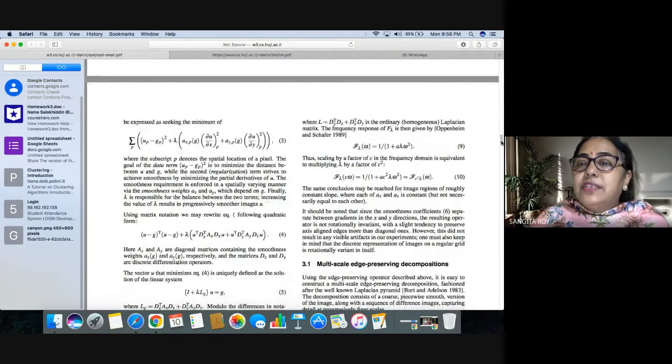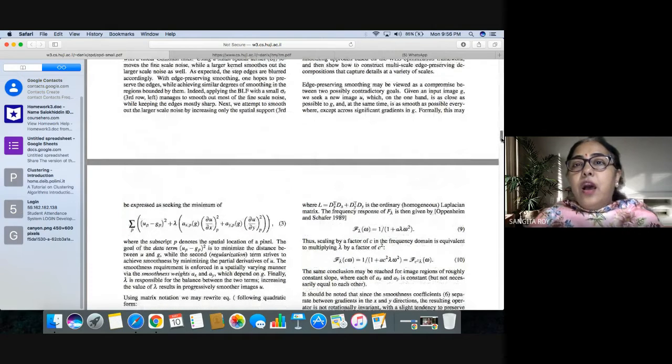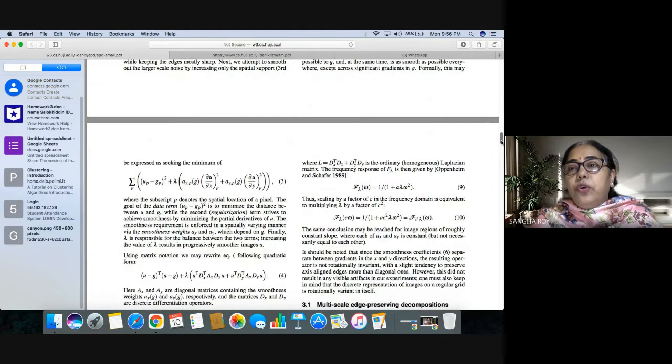So from this, our main interest was the weighted least squares output. Depending on the frequency as well as the value of lambda, we can change the output accordingly. So what is the takeaway from here?